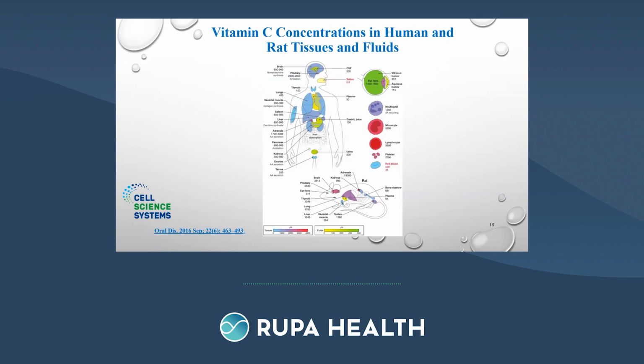So when people talk about functional testing and they start looking at different tissues and associations, this is kind of showing you a schematic that compares, of course, laboratory animals as well as humans, as far as where vitamin C is. Where is vitamin C primarily contained? And if you look at the cells on the right side of this schematic, where it says neutrophils, monocytes, lymphocytes, platelets, and red blood cell, if you notice, out of all of those white blood cells, which one has the highest content of vitamin C?